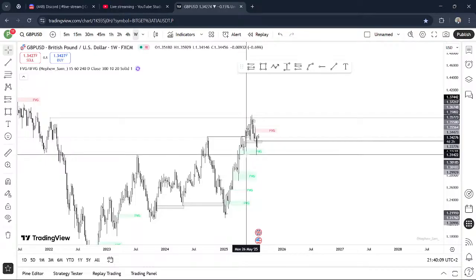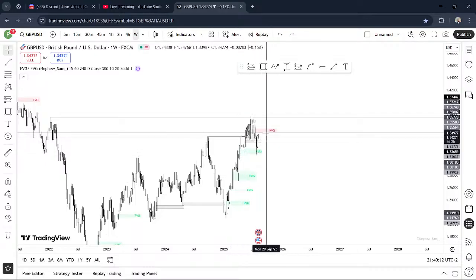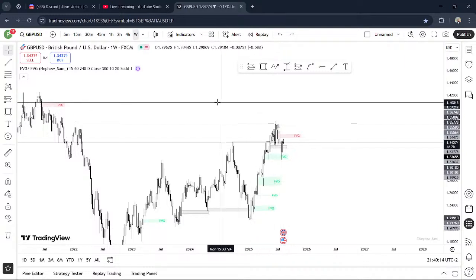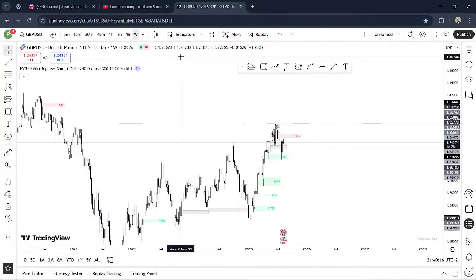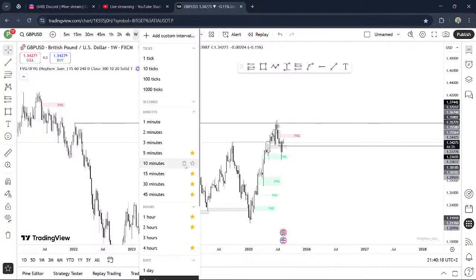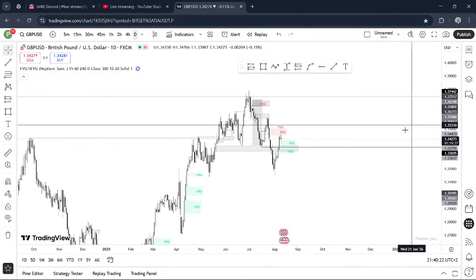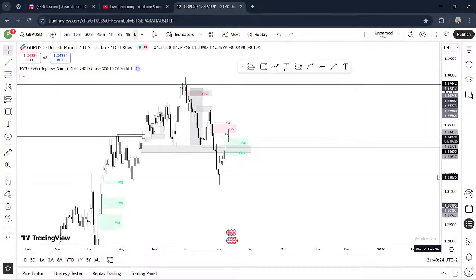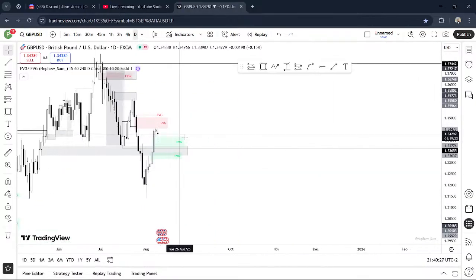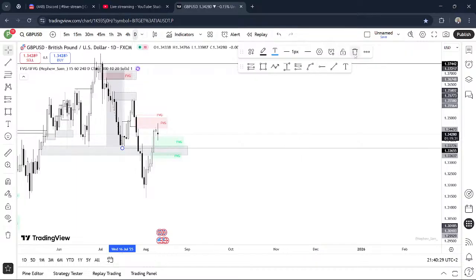So right now we just see if the price can visit this top here and this top here. So let's run it down from daily to 4 hour to 1 hour, see what we can pick out. For starters, let me take this one out so you can see clearly.